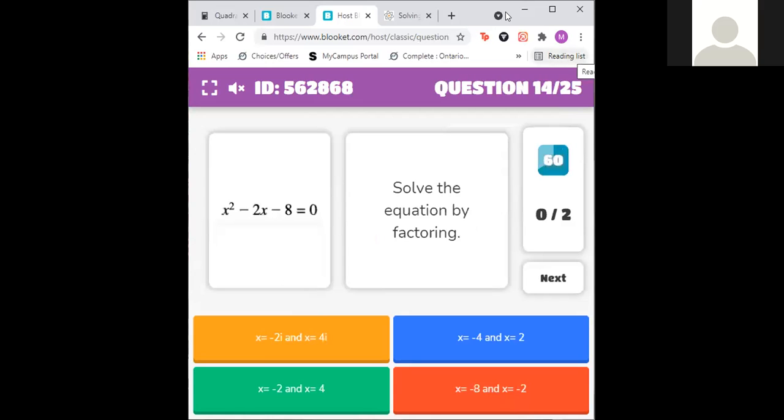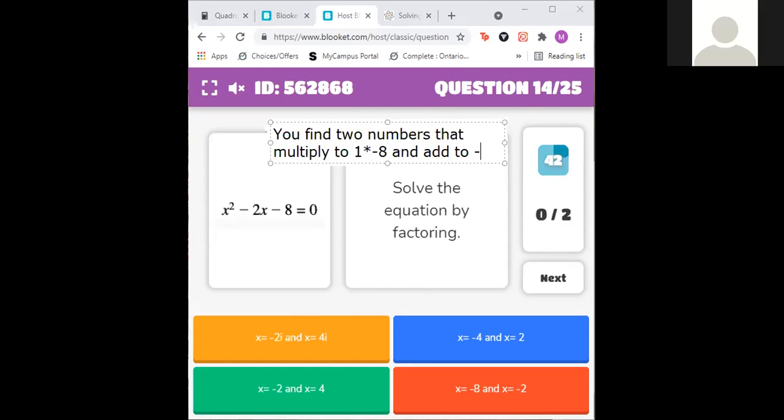Okay. And then here, did you learn about factoring yet? So you find two numbers that multiply to 1 times -8 and add to 2.